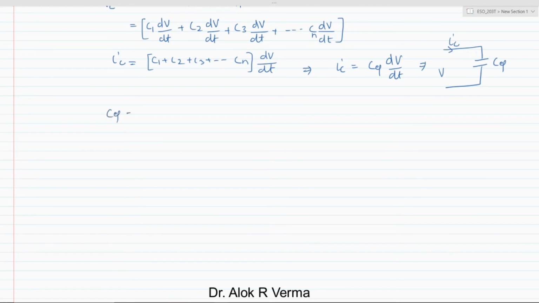C equivalent when the capacitors are connected in parallel is C1 plus C2 plus C3 plus Cn. So this is the series connection and parallel connection of capacitors. So far we have understood the series and parallel combination of the capacitors.